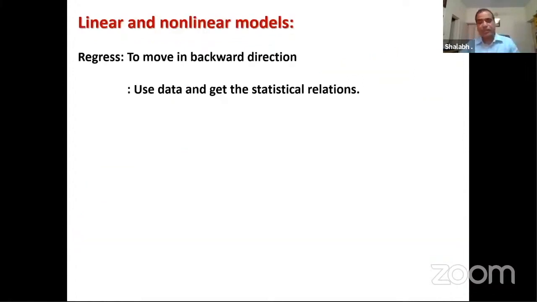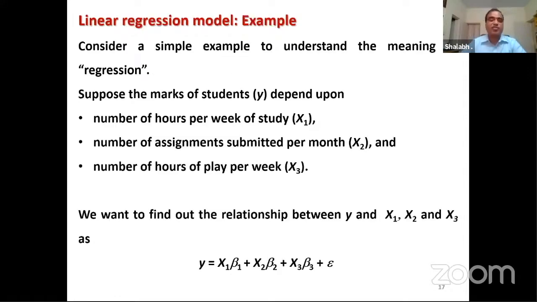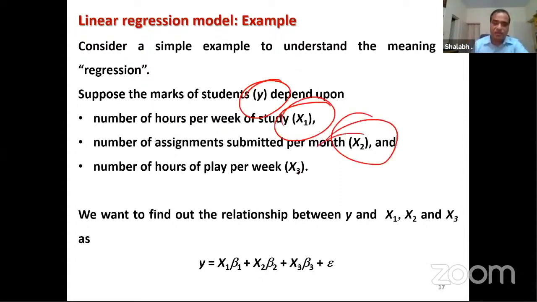As I told you, when we talk about regression, it means to move in the backward direction, in the sense that we first collect the data, and based on that, we find the statistical relationship. Right. Now I come back to my case analysis, and you can see that we have considered this example where the marks of a student, that is y, depend on three independent variables x1, x2, x3.